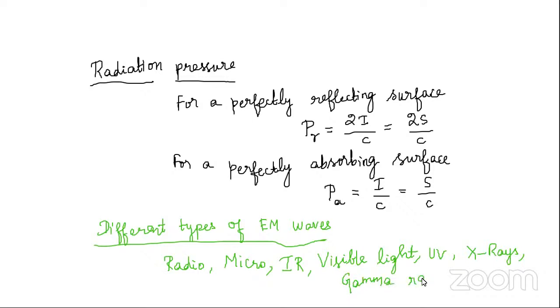These are the different types of EM waves. All these waves have their own wavelength range and their own frequency range. So based on the frequency range or the wavelength range, you can identify the type of radiation.